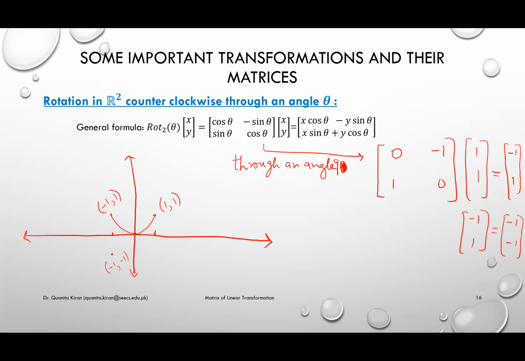So our parabola becomes this after transformation. We can take some other color here so that we can easily recognize it. So this is the parabola after rotation.